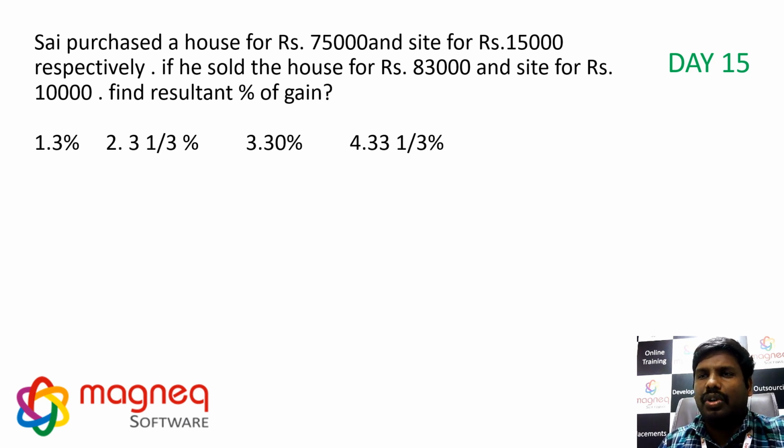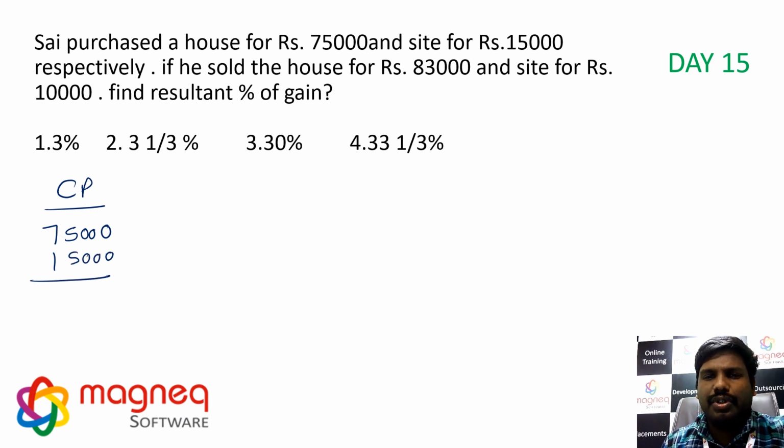Sai purchased a house for 75,000 and a shed for 15,000 respectively. If he sold the house for 83,000 and the shed for 10,000, find the resultant percentage of gain. So cost price 75,000 and 15,000, total 90,000.